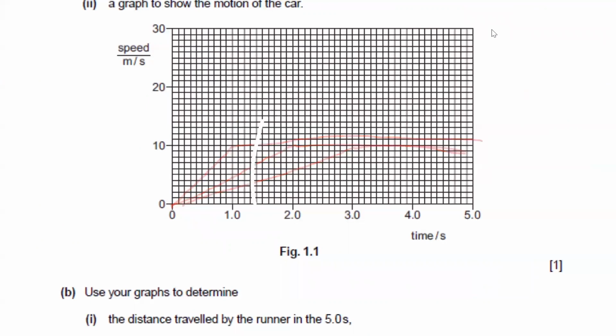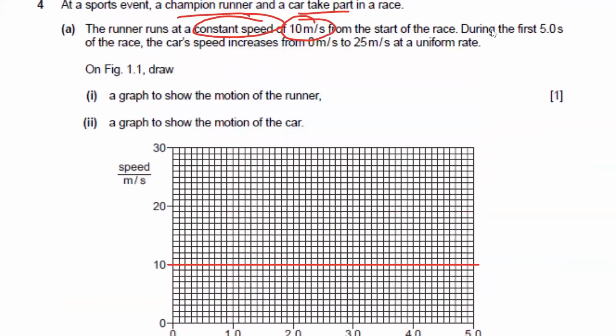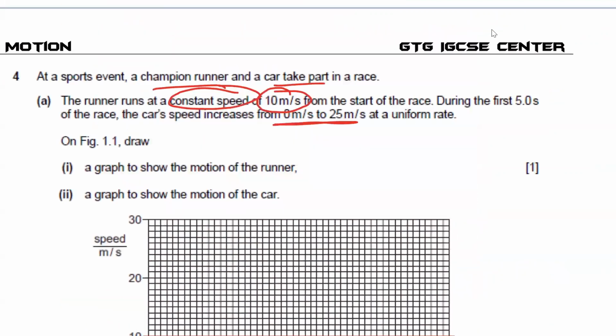So you're supposed to just draw one straight line only, okay? Don't try to reason or whatever, because logically speaking, this guy is already not supposed to run faster than a car, right? So it should be just one straight line. Then the next part, most of you got it correct. It's 0 to 25 at uniform rate.